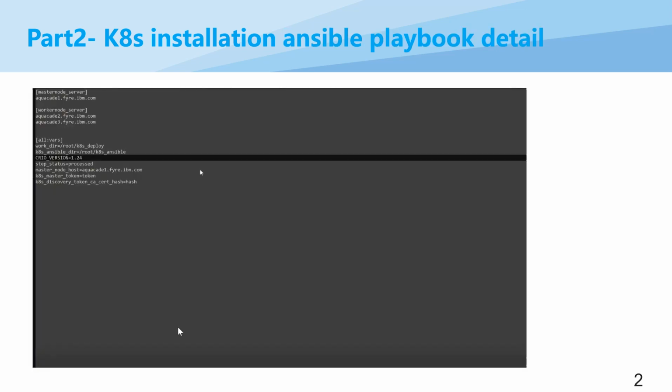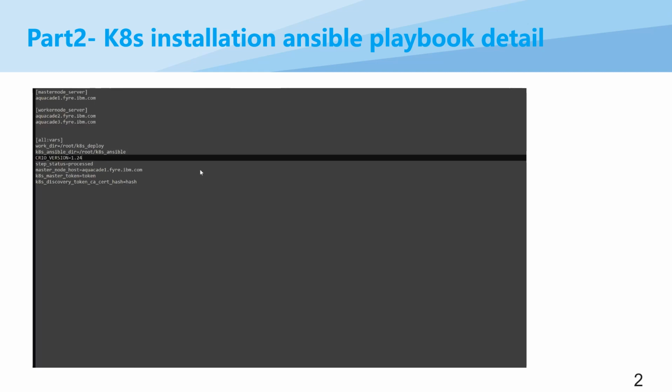Ansible inventory naming: for the master node, I have one master node and also 2 worker nodes defined here. And also the variables for all the nodes, like work directories, the Ansible directories, and the CRIO version.